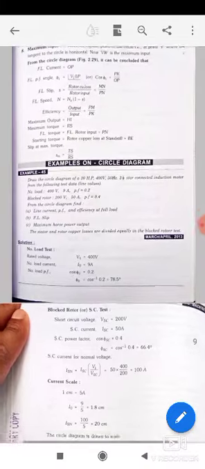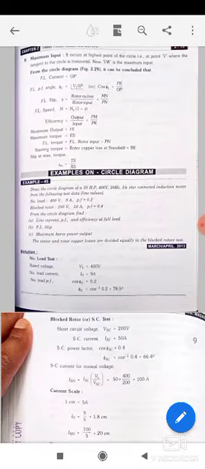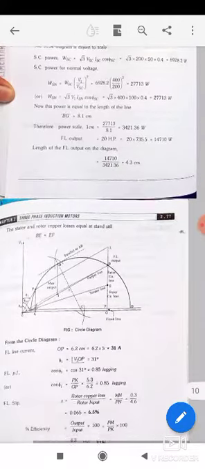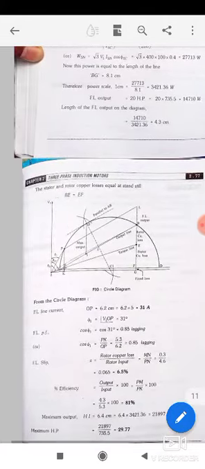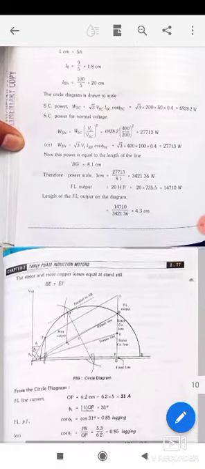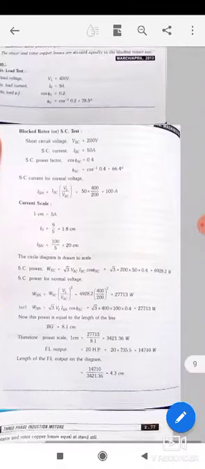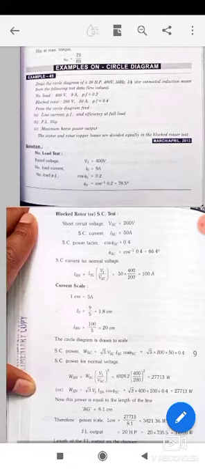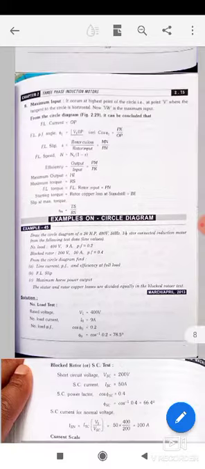So I request all of you to follow example 45 and try to draw the circle diagram. If you are feeling some difficulty, I will make another video on how to draw the circle diagram.